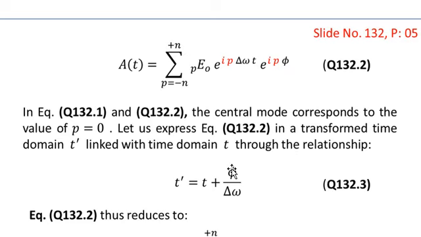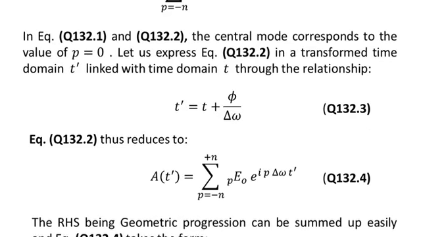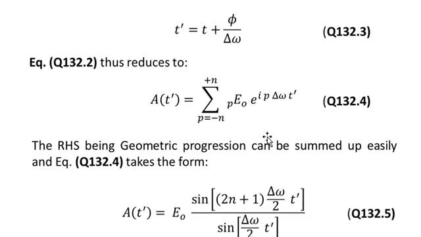And this factor is very obvious from the fact that adding the powers of these two exponential functions, taking iota p common on the left hand side and t common on the right hand side, you will notice that we have this term appearing there, that is t prime is equal to t plus phi over delta omega. So t plus phi over delta omega is being referred to with the new variable t prime. Now we have represented equation number 2 in the parameter t prime.